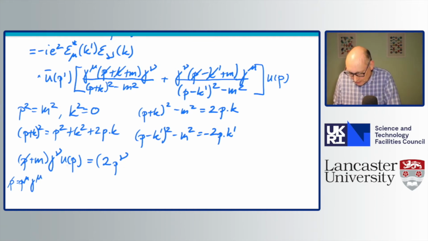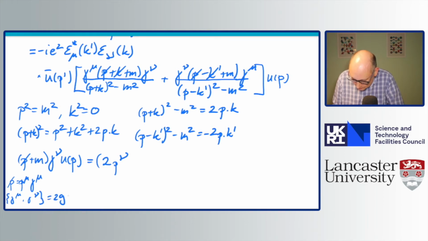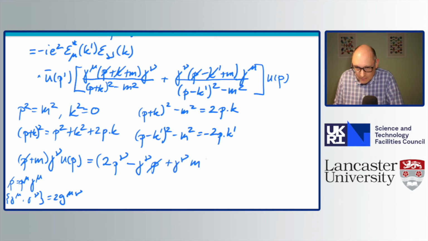So when we have the gamma nu here, we can commute gamma mu, gamma nu to g mu nu. So we can write this as 2 P nu minus gamma nu P slash plus gamma nu M acting on u of P.